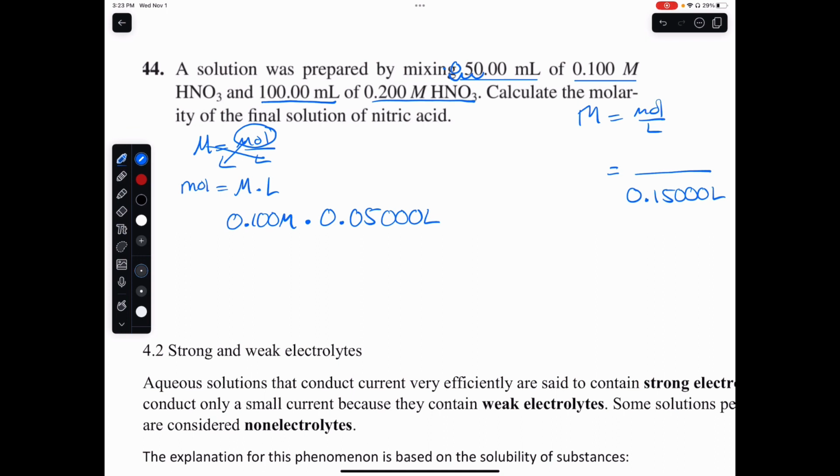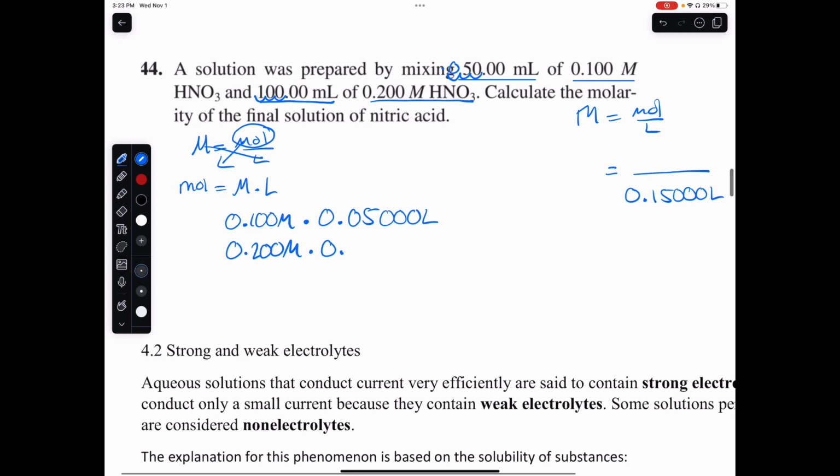For the second solution, I have a 0.2 molar. And remember, I'm changing milliliters to liters by moving the decimal to the left 3 times. I know the number of moles of each one of these. The sum of those, that's how many moles there are altogether when I mix the two.